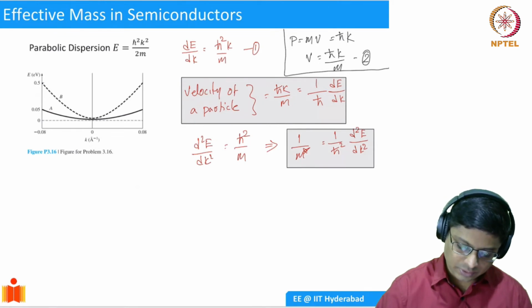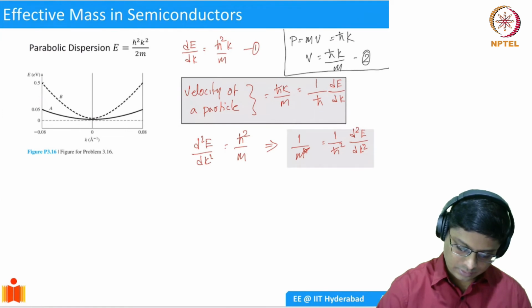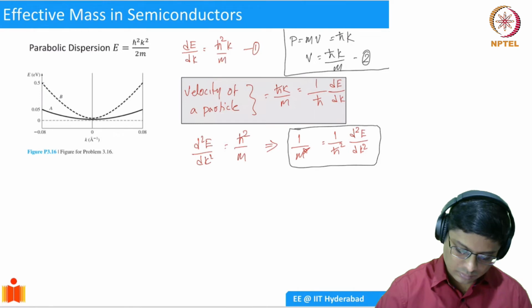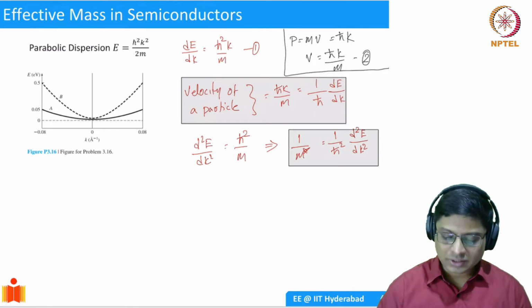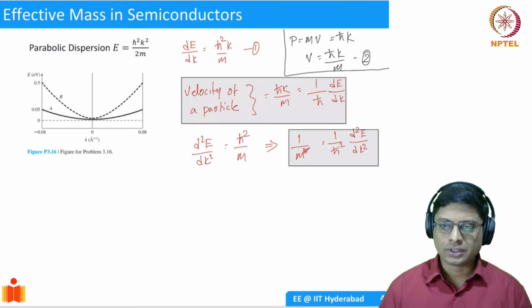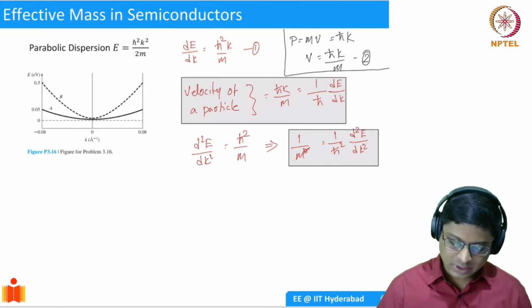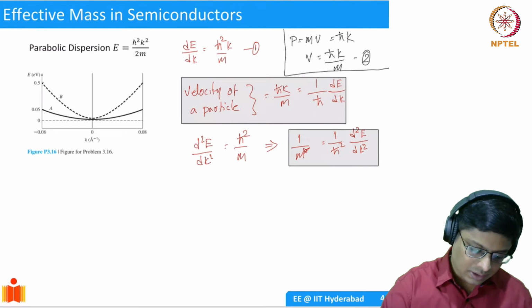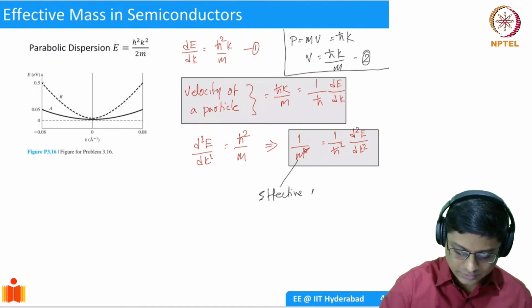So what this is telling you is that we call the inverse of the second derivative the effective mass. Okay. That's all we have to do. So this m star is the effective mass.